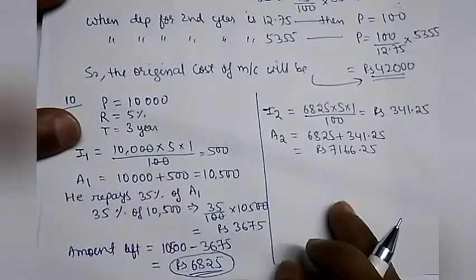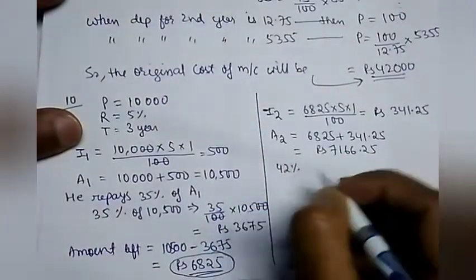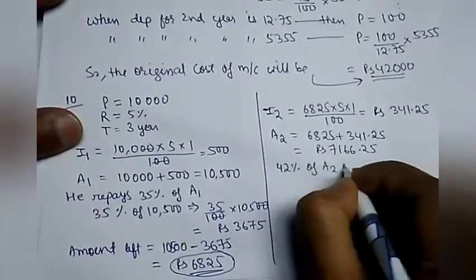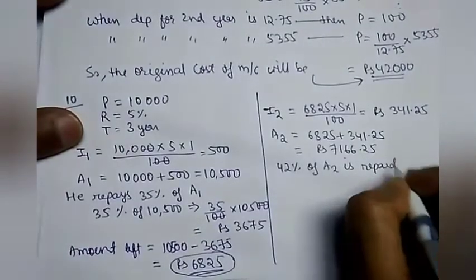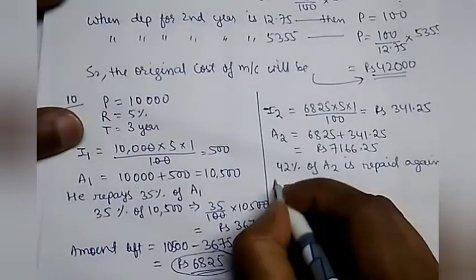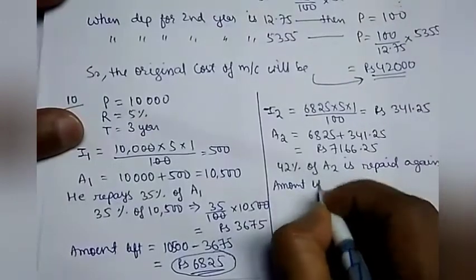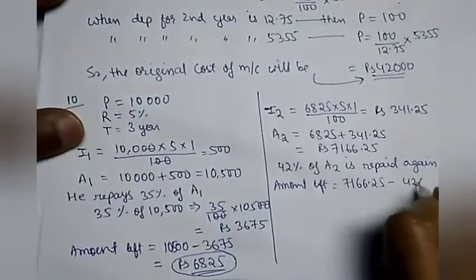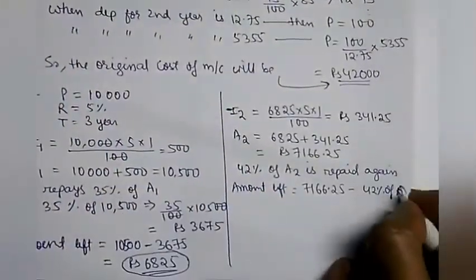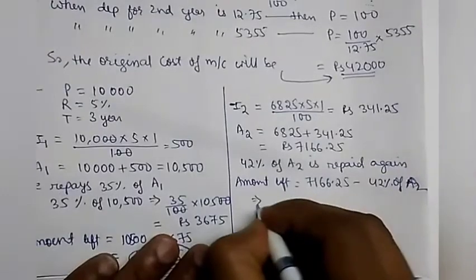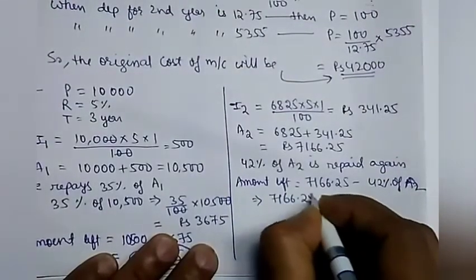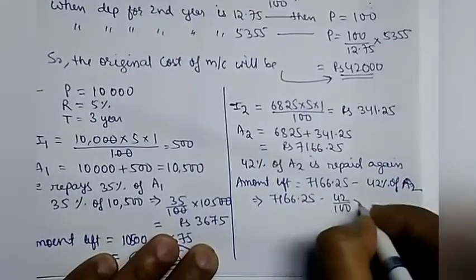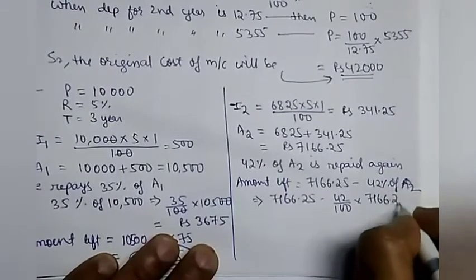Again he is repaying something. He is repaying 42% of A2. So the amount left will be equal to 7166.25 minus 42% of this amount A2, that is 7166.25 minus 42 by 100 into 7166.25.